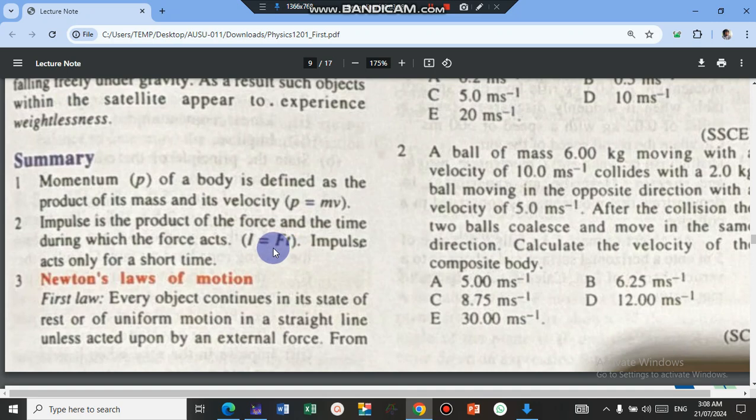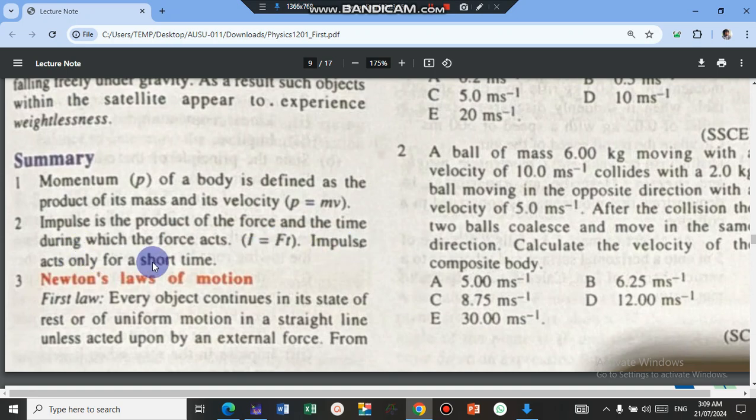Now, sometimes the force is large and it acts for a very short time, and sometimes the force is small and it acts for a long time. In either of these two, the impulse is great. I can have a large force acting for a very short time, or a small force acting for a long time.